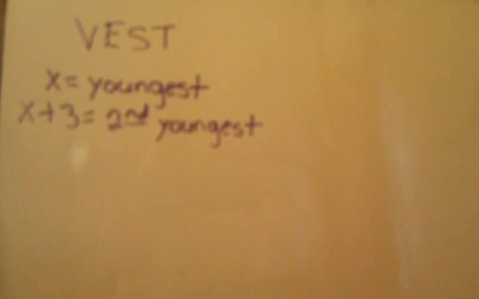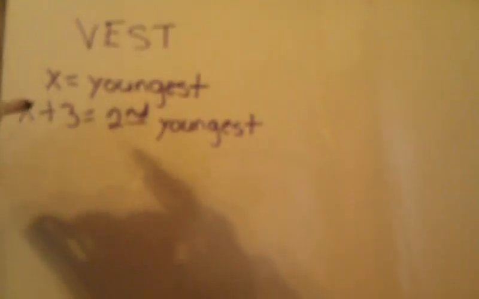Okay, the oldest is 20 years older than the average of the second oldest and youngest. Okay, let's back up a little bit. The difference in ages of the youngest and second oldest is 14.